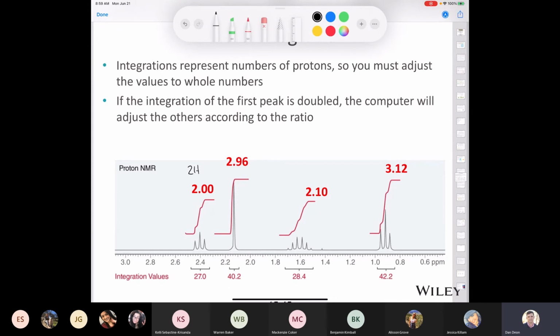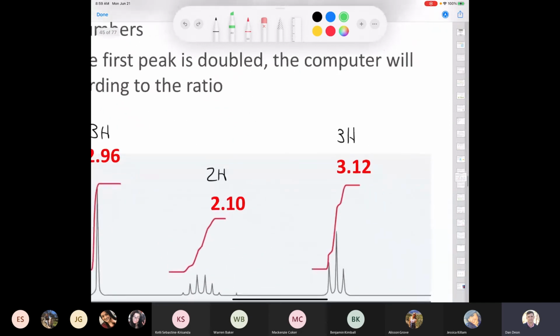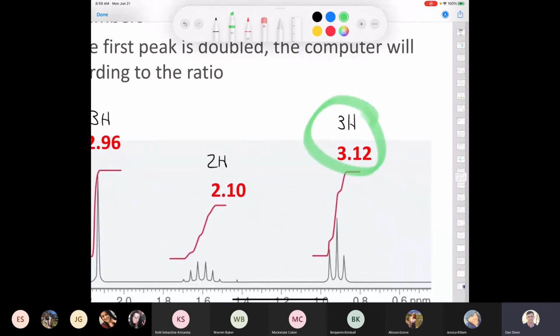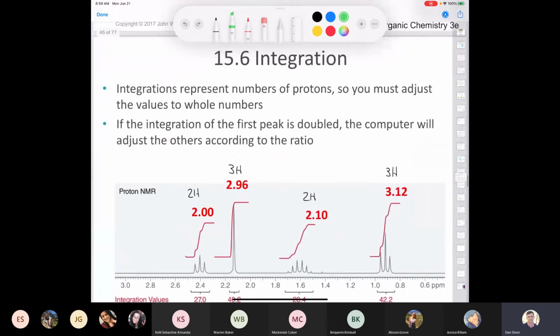This looks like it represents 2 protons, 3 protons, 2 protons, and 3 protons. Now, if you're really trying to split hairs and say, Mr. Dion, excuse me, but 2.96 is not 3, Mr. Dion, 3.12 is not the same thing as 3, I never said it was going to be exact, okay? It's very close.